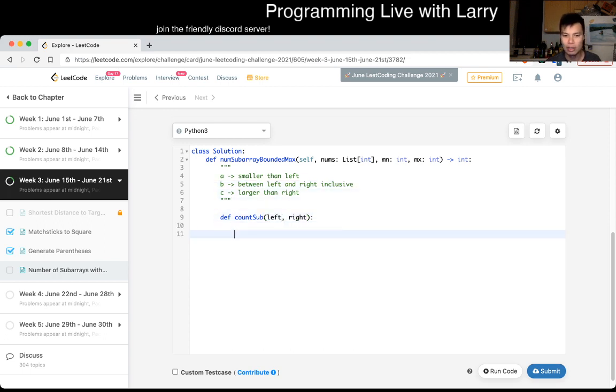So then now we count is equal to the number of things. This is inclusive, so let's just say n in this case is equal to right minus left plus 1, because it's inclusive, and then count is equal to n times n plus 1 over 2, and then now we're looking for the prefix and the suffix.